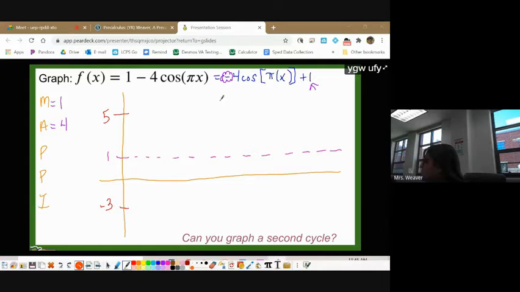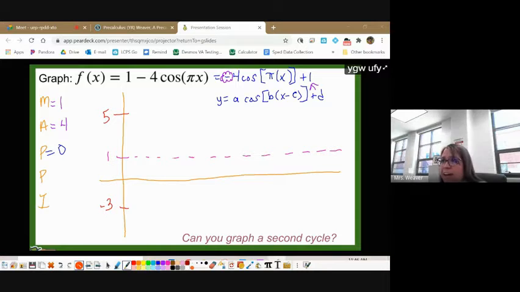So when we think about our format, that generic format is y equals a cosine b x minus c plus d. Okay, so when there's nothing subtracted from the x, then it is 0, which means we have 0 phase shift. That's fine. It still tells us our starting point.